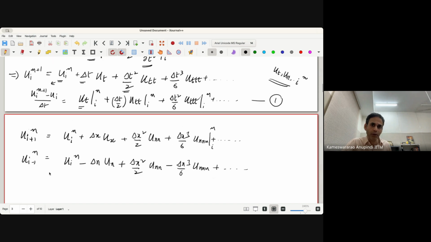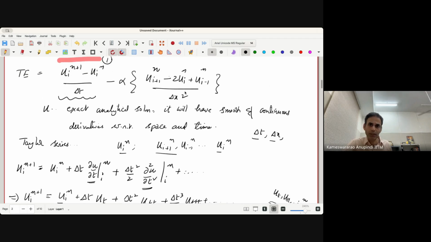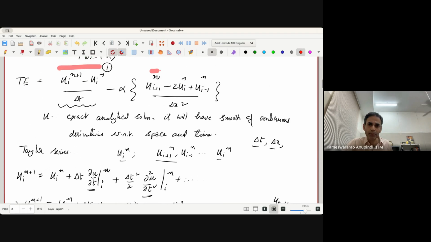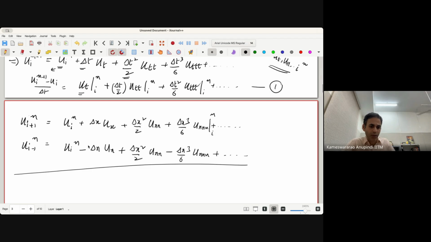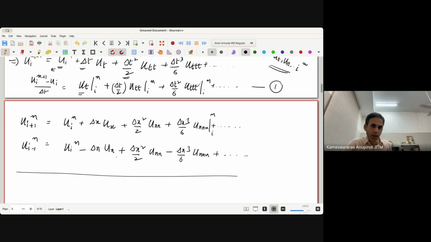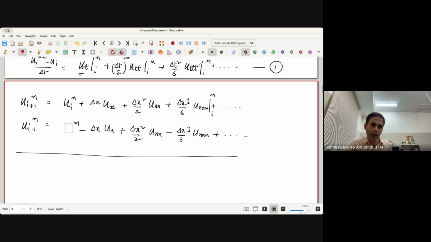Now in order to obtain this second term that we have, that is u_{i+1} minus 2 u_i plus u_{i-1}, I'm going to simply add the two equations we have. If I add them, I know that I'm going to get u_{i+1} plus u_{i-1}, and then on the right hand side we'll get 2 u_i, which goes to the left hand side and becomes minus 2 u_i^n.